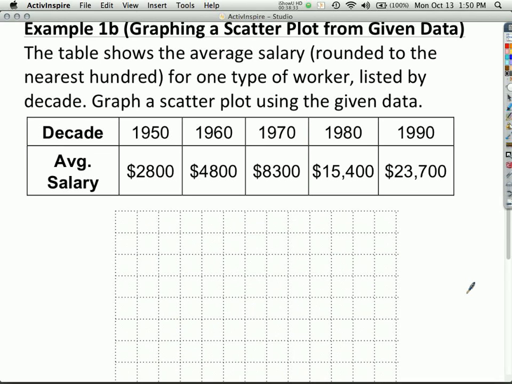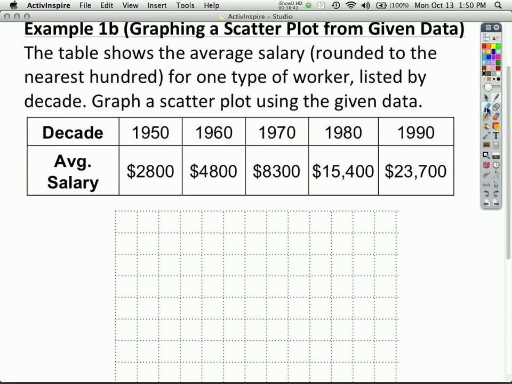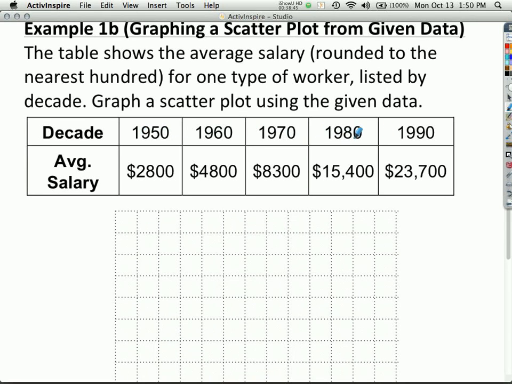So again, we're going to construct a scatter plot, but we need to think about the information we have. The top row, 1950, 1960, 1970, 1980, 1990, well, that's simple enough. Those are just years. But the other axis is going to have to go from 2,800 all the way up to 23,700.